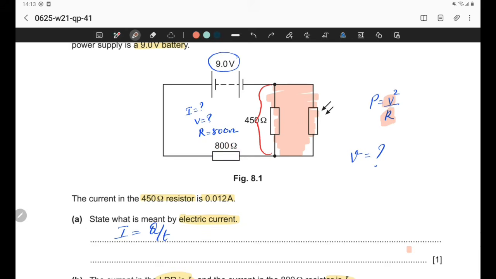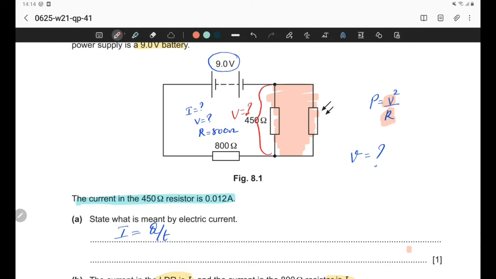So first we can calculate the voltage across this parallel combination, or the voltage across 450 ohm. In order to calculate this, we can use the given information, that is the current passing through the 450 ohm resistor.